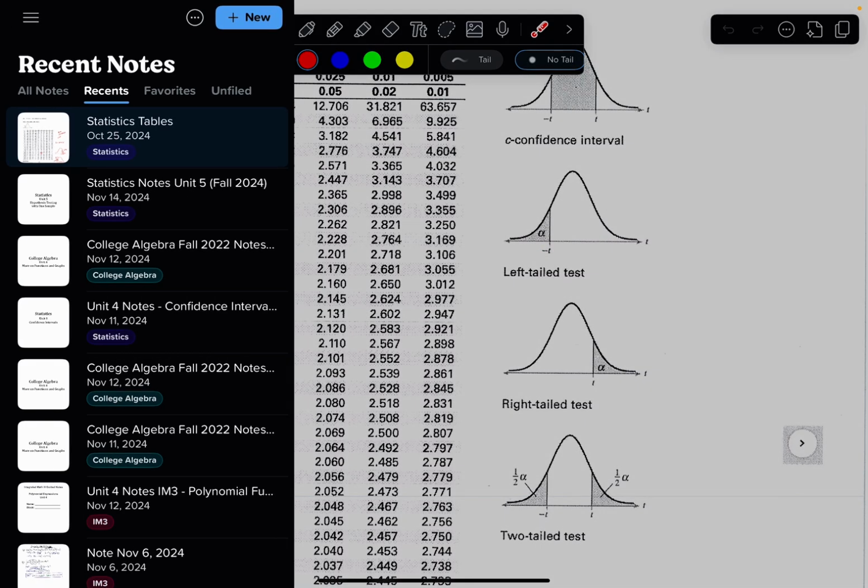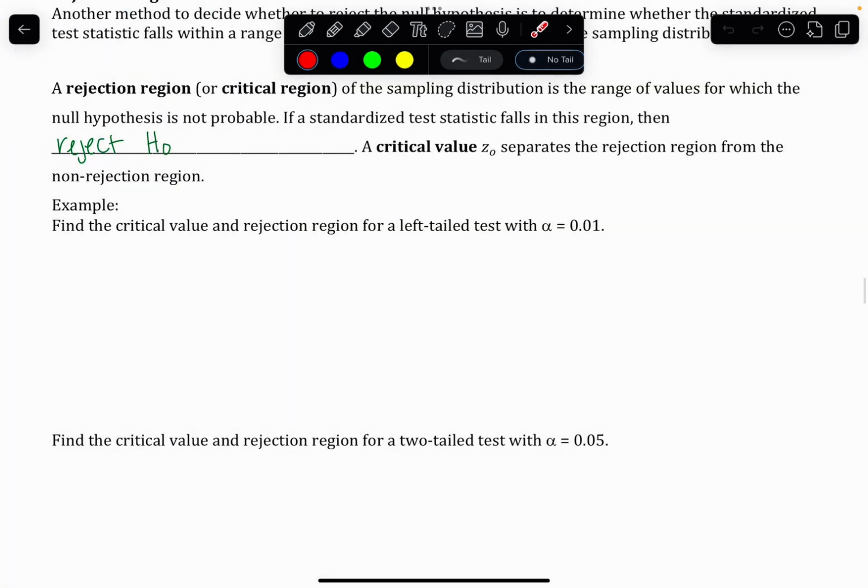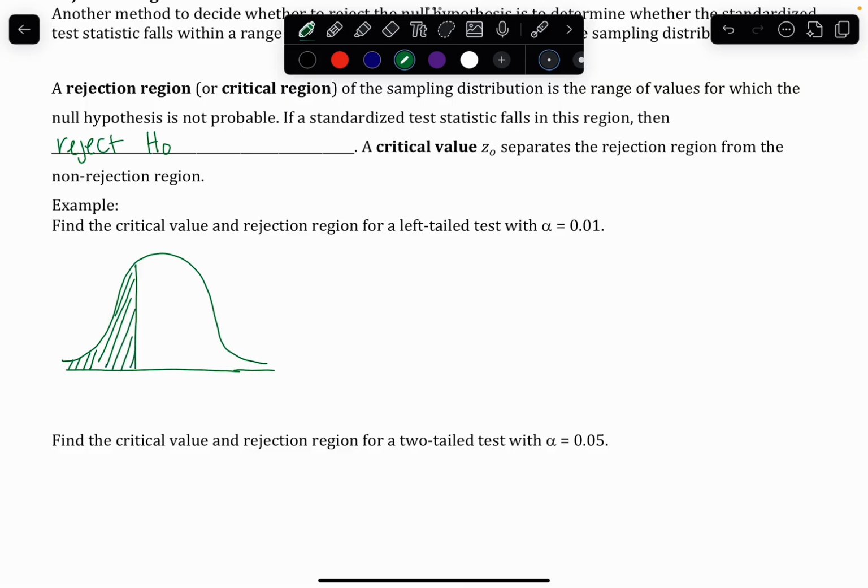If we switch back to our notes, I'm going to sketch this for us. It tells us we have a left-tailed test. I'm going to shade this in. The shaded area is our rejection region. This is where we will reject the null hypothesis.